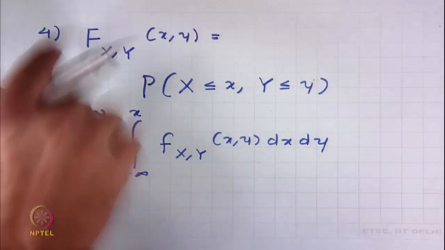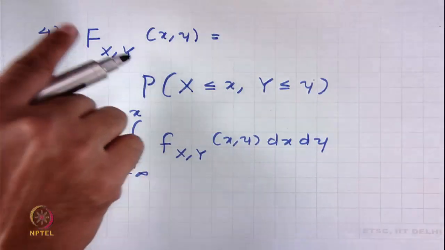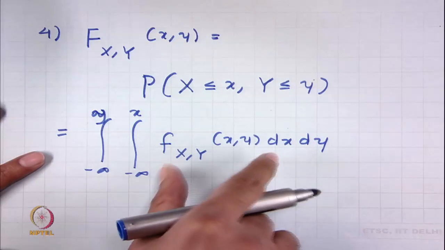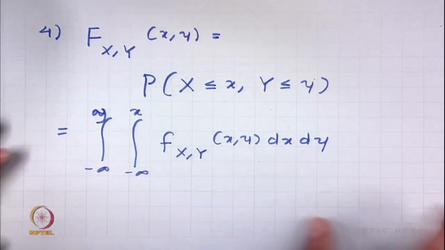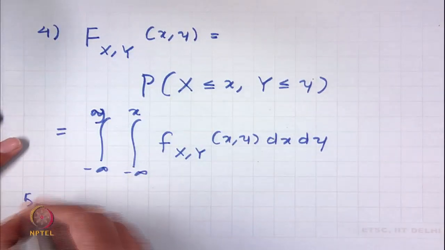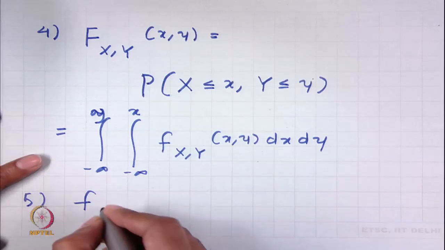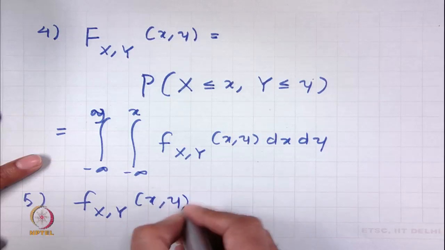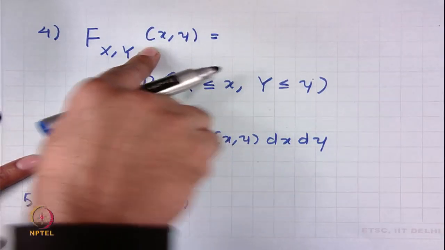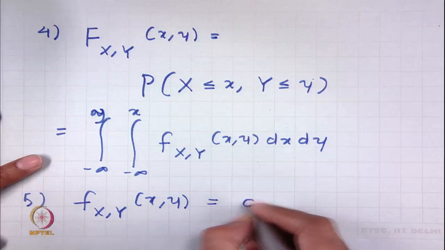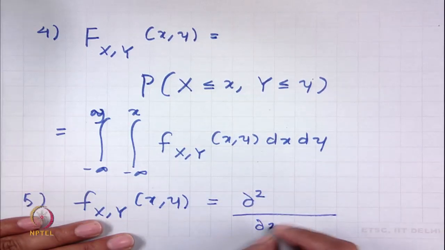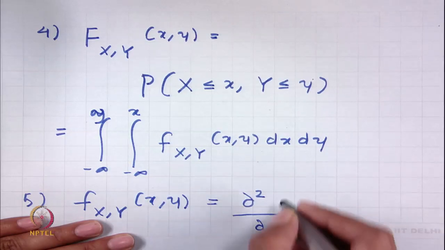So, I have been able to express a CDF or cumulative distribution function in terms of the joint probability density function, and I can also go back. If I wish, I can find the joint probability density function in terms of the CDF by taking the partial derivatives of this quantity.